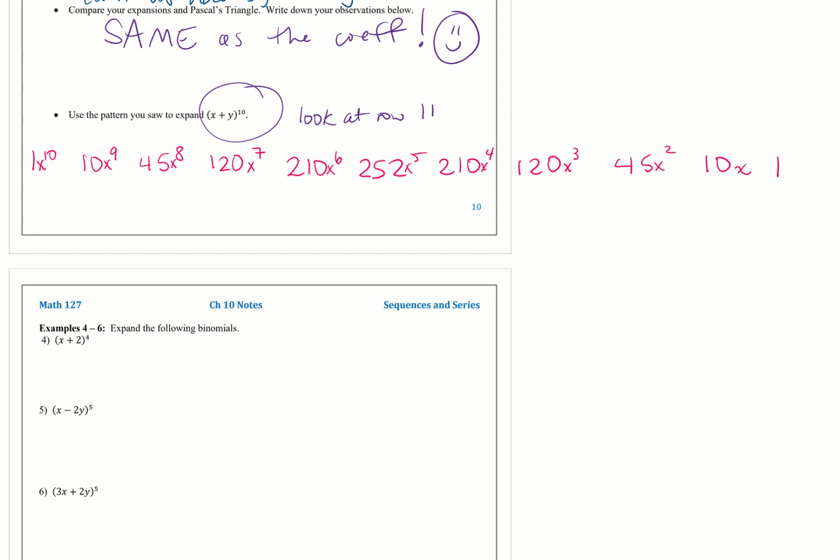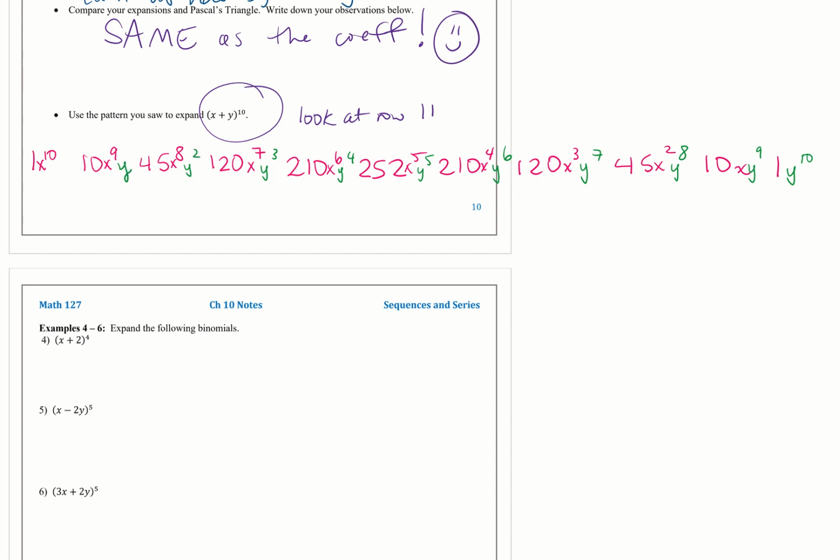My y's, I should have no y's at the beginning, and I can add 1 each time until I have 10 y's at the end. And I shouldn't have any y's in the first term.